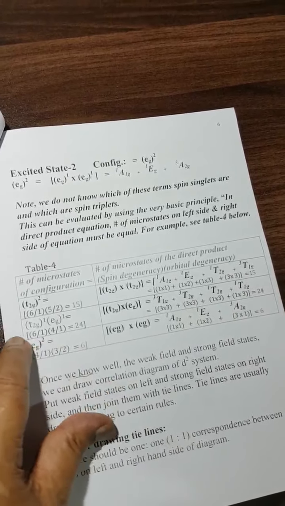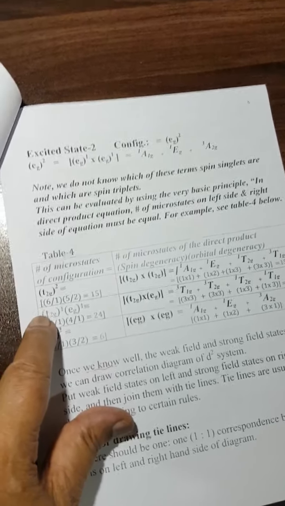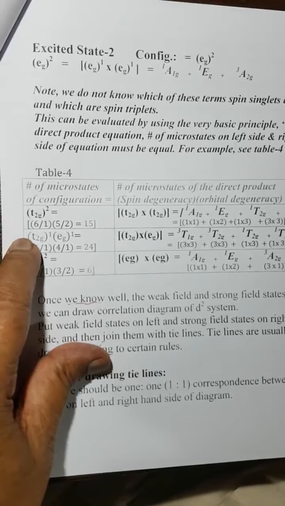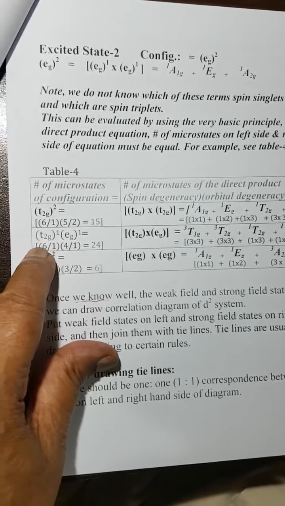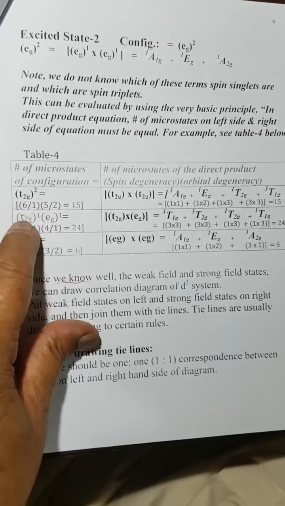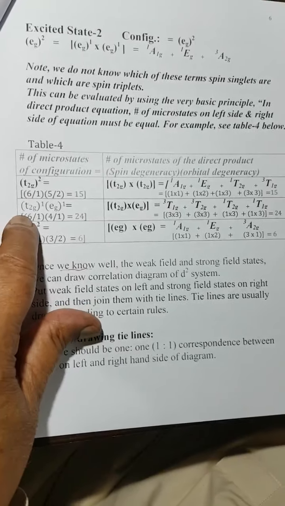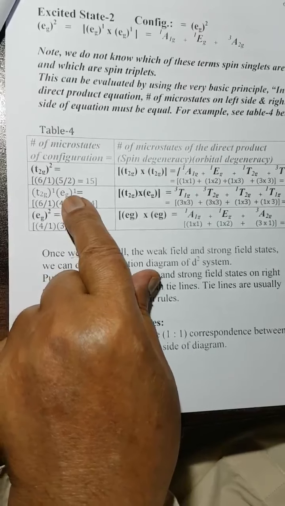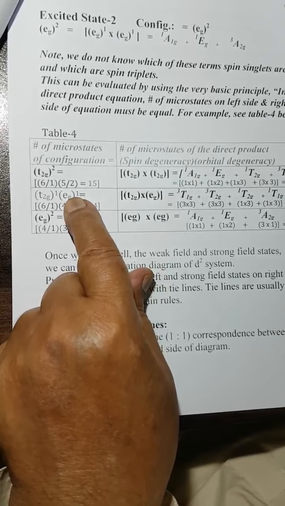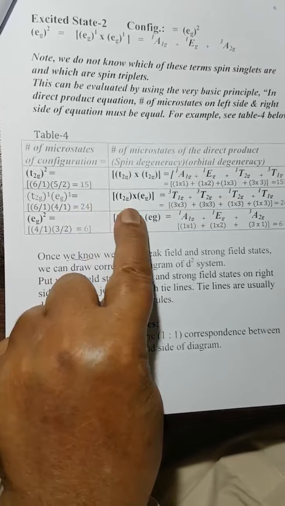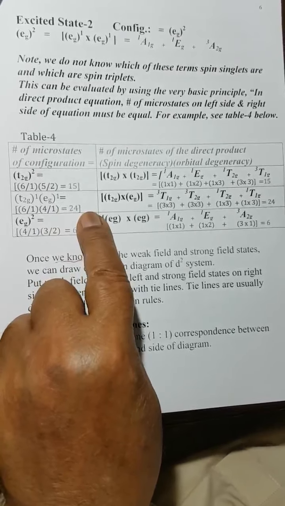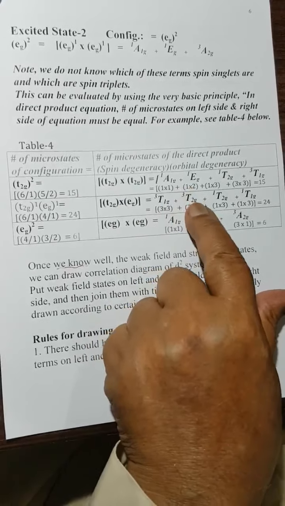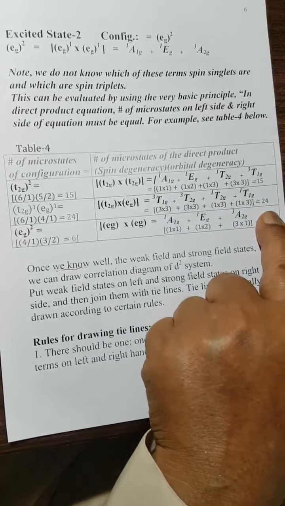So this is equal to 15. Now please see T2G1; it's just like P1, 3. The maximum occupation is 6 and it contains 1 electron, and EG contains a maximum of 4, as there are 2 orbitals. 4 divided by 1 is 24. On the right hand side also, when it splits, it gives this, and 24.